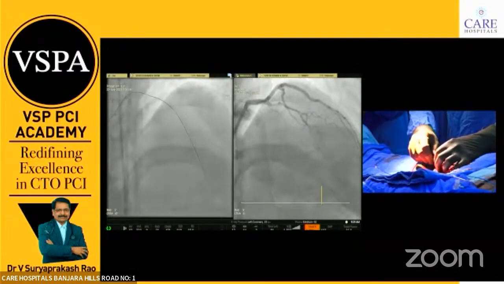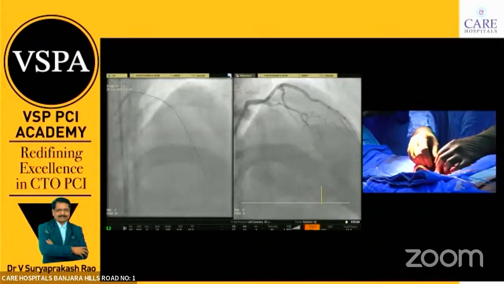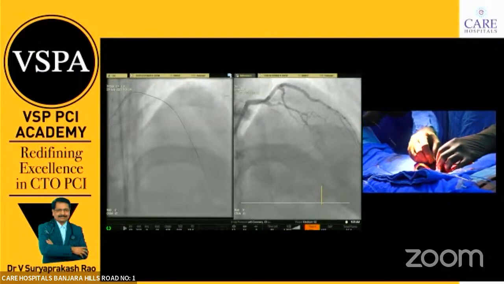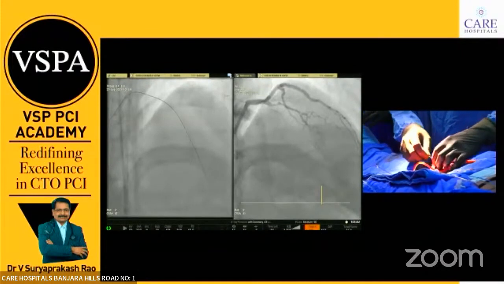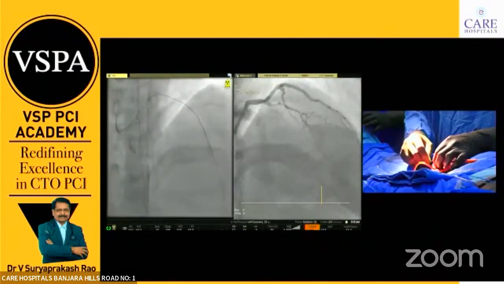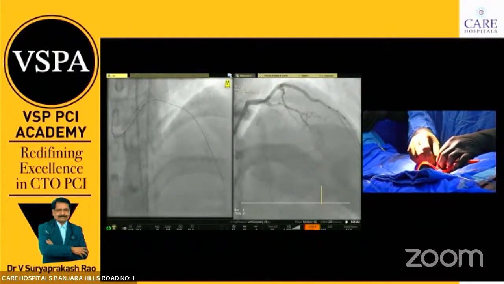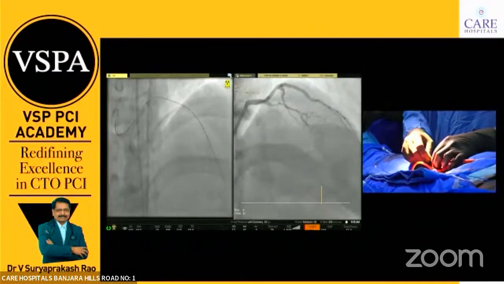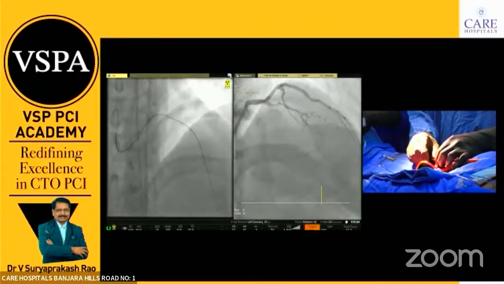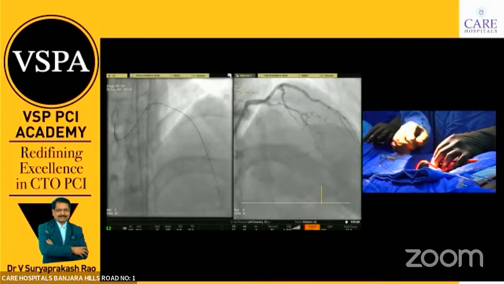The sister will watch for the wire coming from the Carvel or not. She will hold the wire. So she is holding the wire. Now, once it comes to the tip of the inflated balloon, then we'll deflate the balloon. Now you have seen we deflated the balloon.